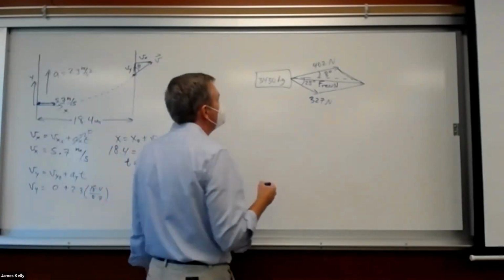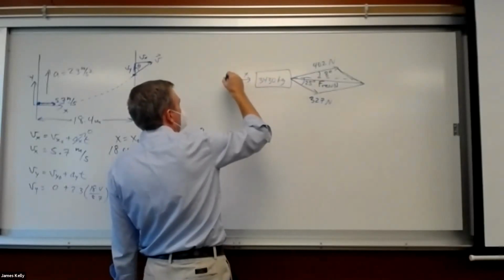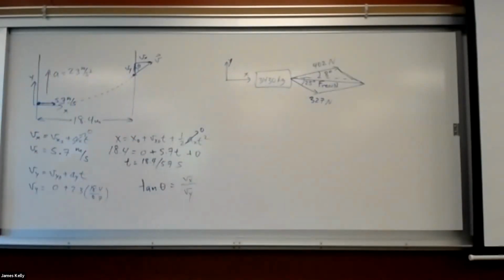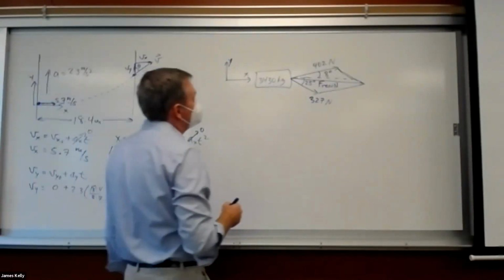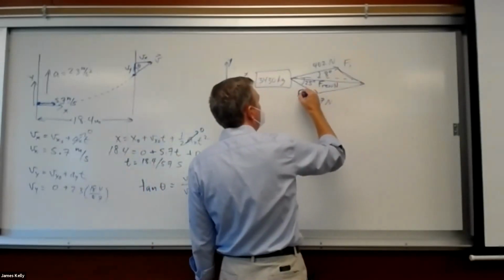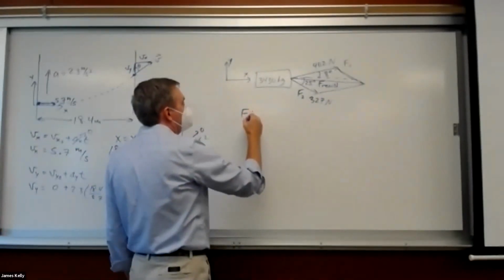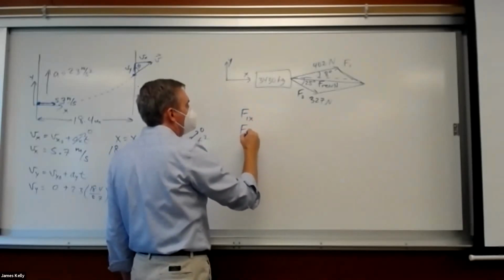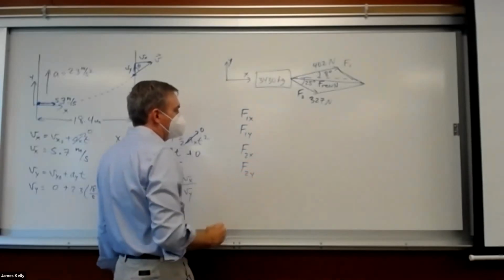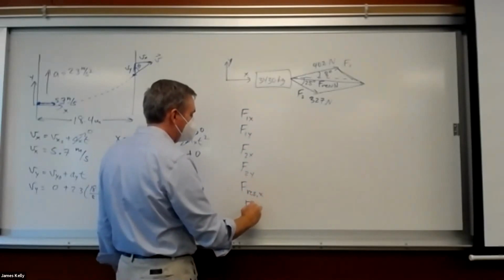So if I say, for example, x is along the dashed line direction and y is along the upward direction in my diagram, then let's just call this F1. I don't know if they're labeled like that in the diagram. We'll call the upper one F1. So I want to calculate F1x and F1y and F2x and F2y. And then that will allow me to calculate F resultant x and F resultant y.